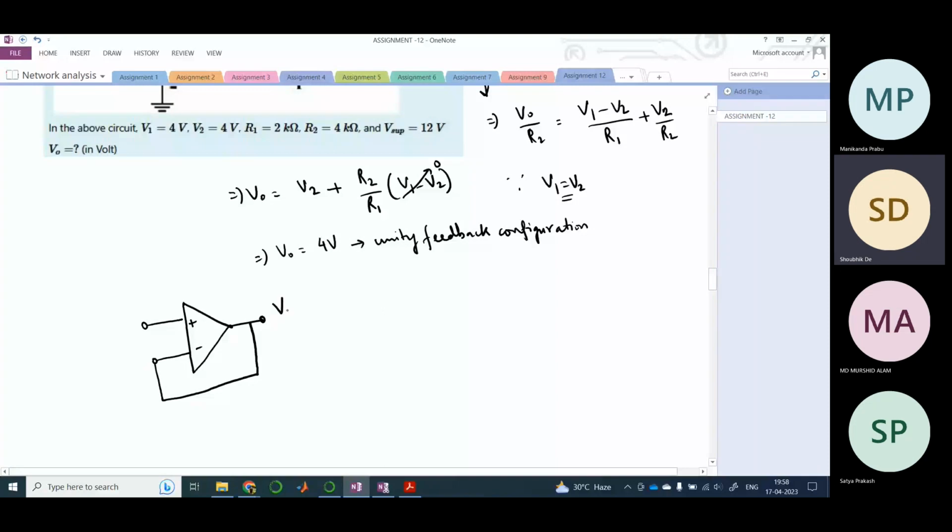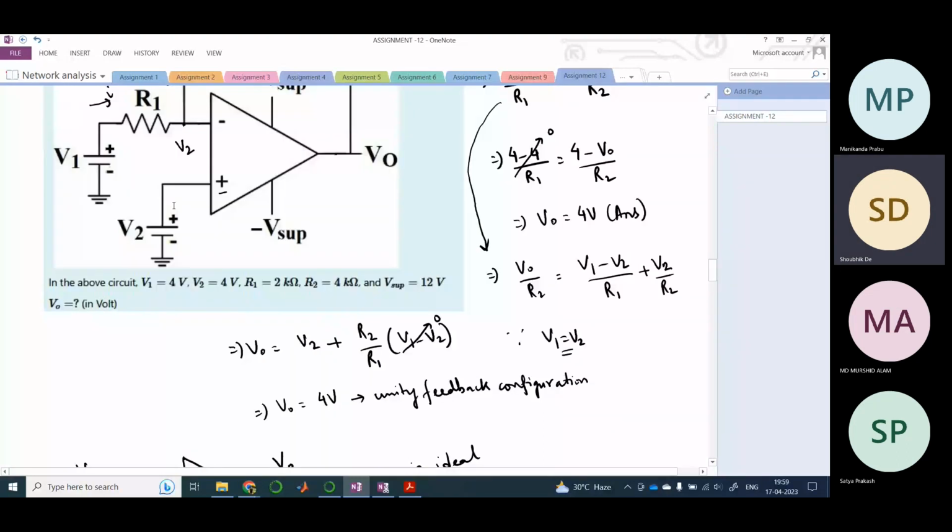So this is V0 and this is V in. If the op amp is ideal, the potential at this point would also be equal to V in, because this is a virtual short circuit. Therefore V0 would be equal to V in, which is the case here also, because V1 was 4 volts and V2 was also 4 volts.